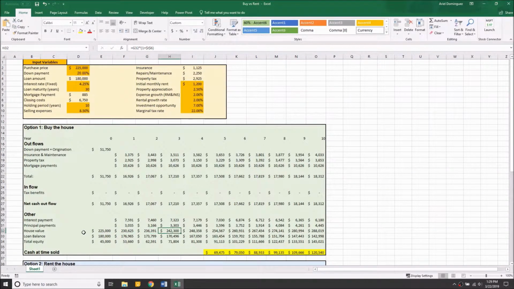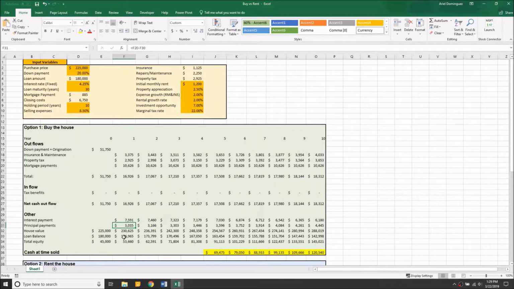So each year, from year 0 to year 10, a property should be appreciating at around 2.5%.